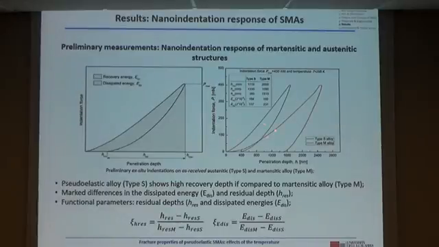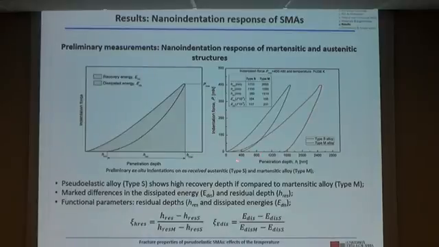And as you can see, as expected, the two microstructures exhibit very large differences, with very high recovery behavior of the pseudoelastic material as expected, and large pseudoplasticity in the type M martensitic material.